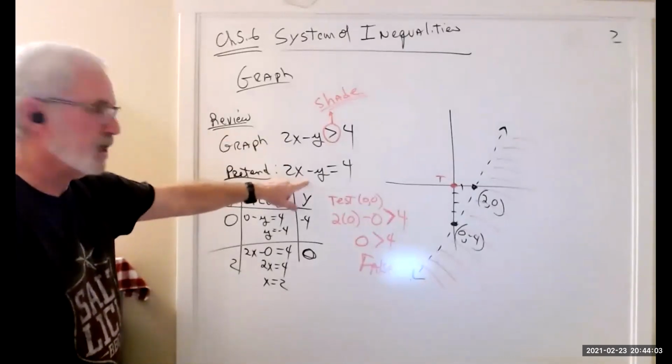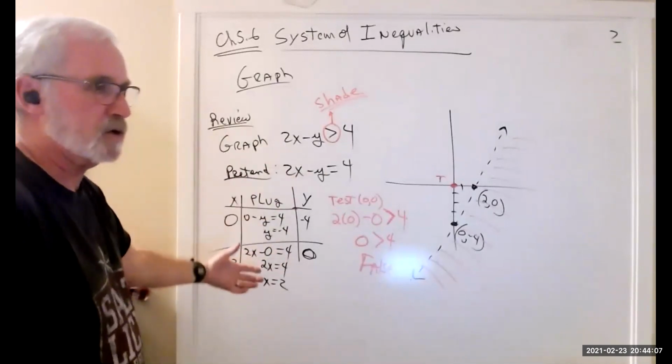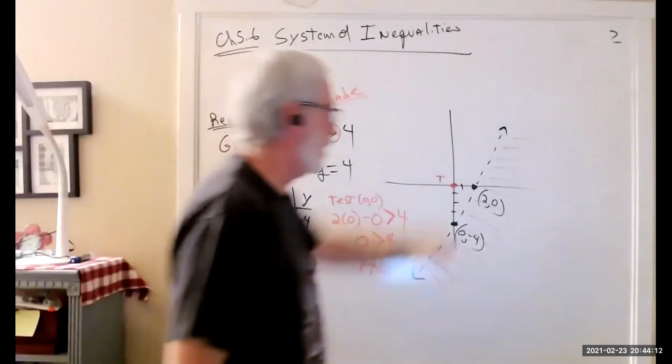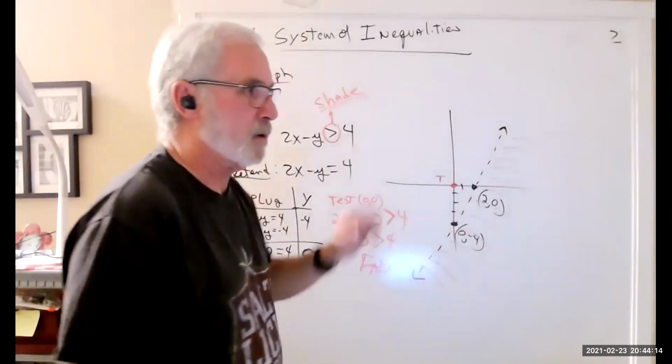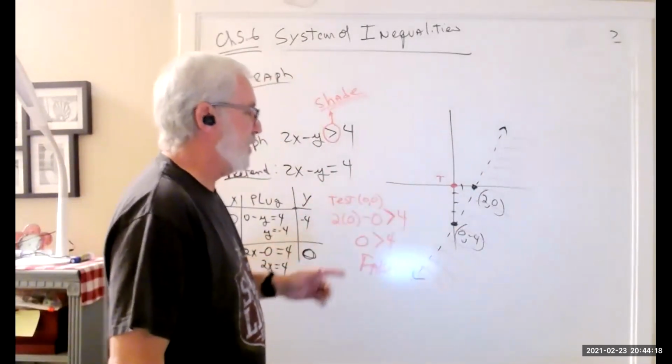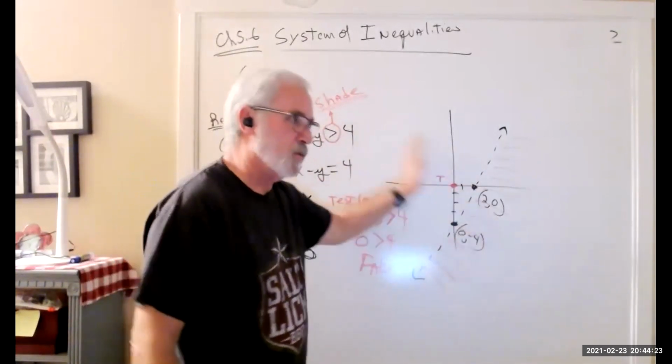We pretend it's an equality and graph the line. Whether you like slope intercept or a table doesn't matter to me. You graph the line. You had to remember whether it was a dotted line or a solid line. And then you had to figure out somehow, some way, where you shade.